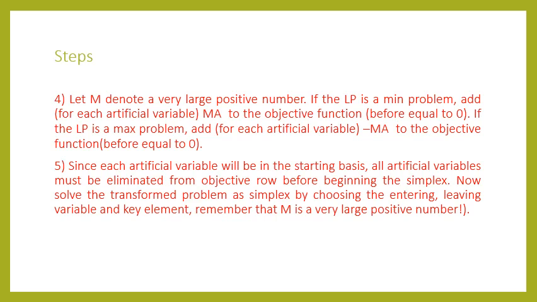In case of minimization, we will transform the objective function to the zero equation by subtracting the slack variables, negative S, adding coefficient 0 to slack variables, and by adding artificial variable A with the coefficient equal to big M. Remember, the sign of the coefficient of S is negative 0 and the sign of the coefficient of A is positive M. Actually, big positive M.